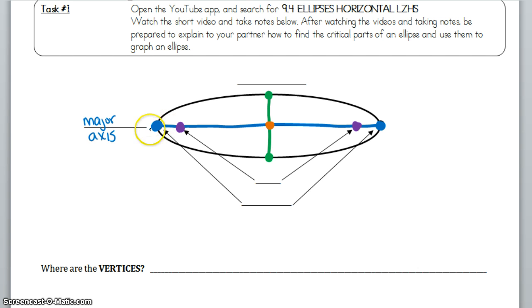Now, at the end of the major axis, you notice two blue dots. These are called vertices. The vertices are going to be the endpoints of the major axis, which again is the longest axis.